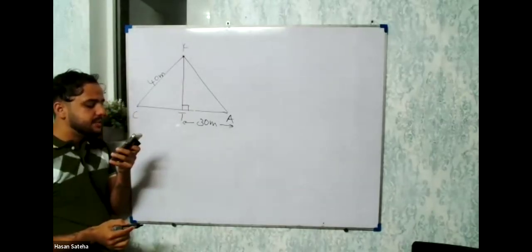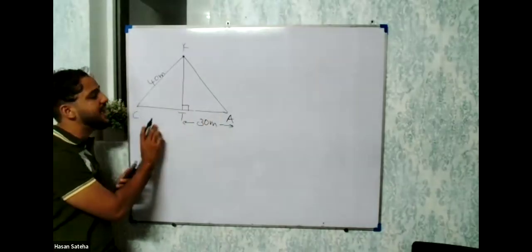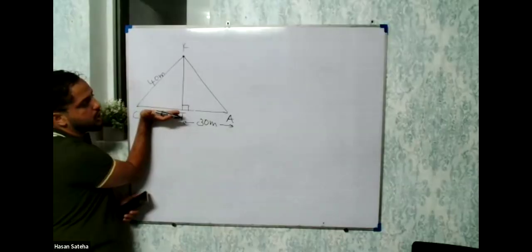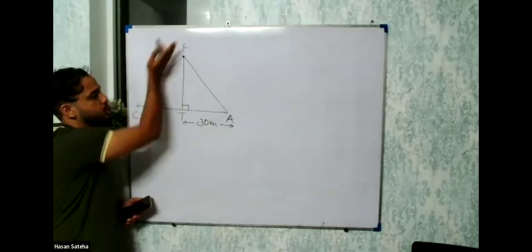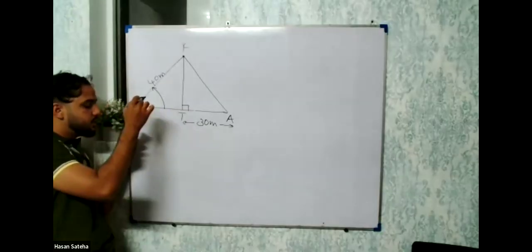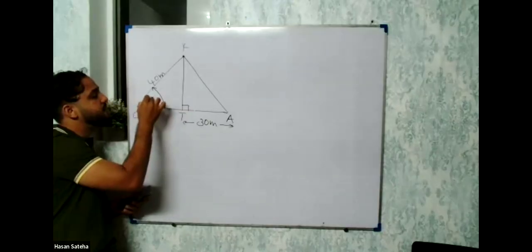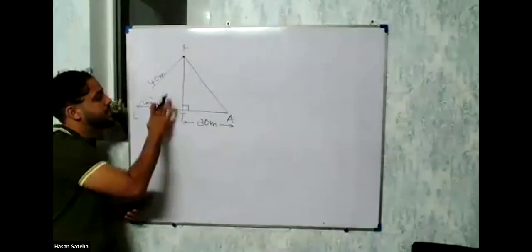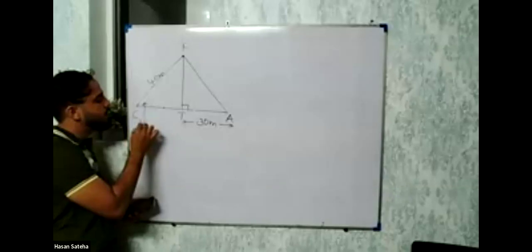Now, at the moment, Chamara sees the kite. So Chamara is here. Okay, so that angle here, I'll mark it like this. This angle here is 44 degrees.